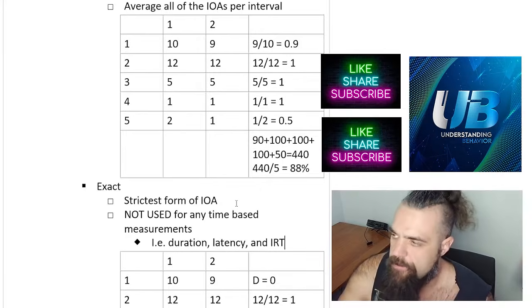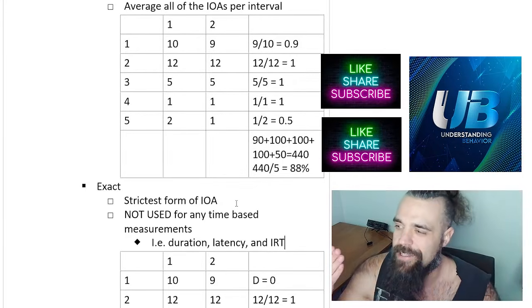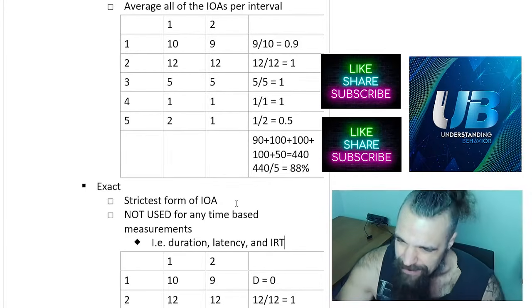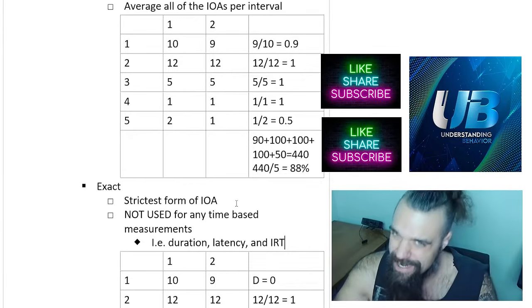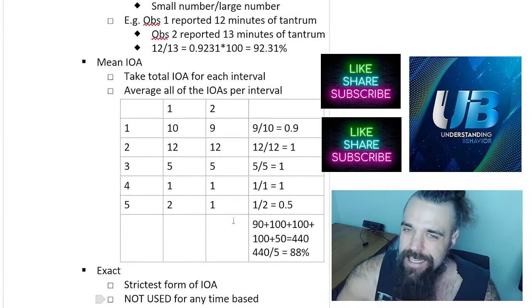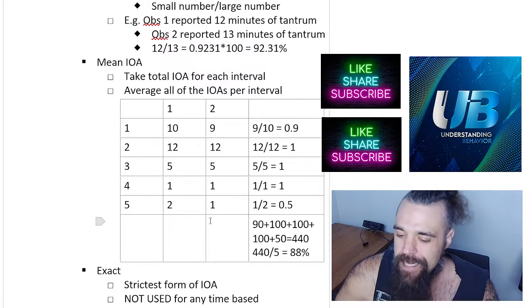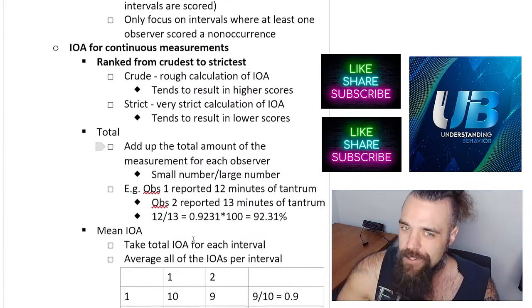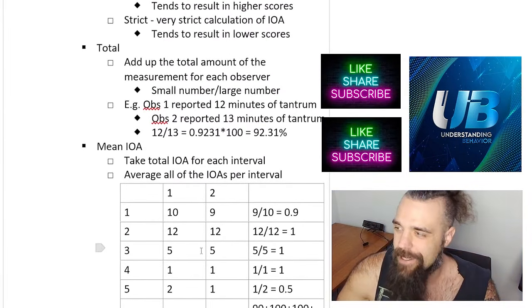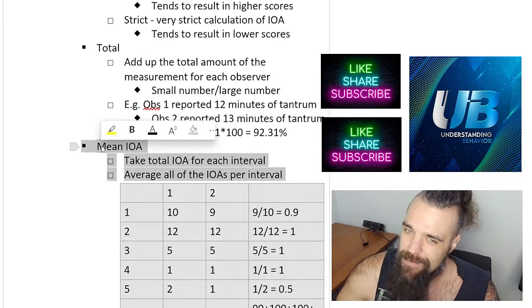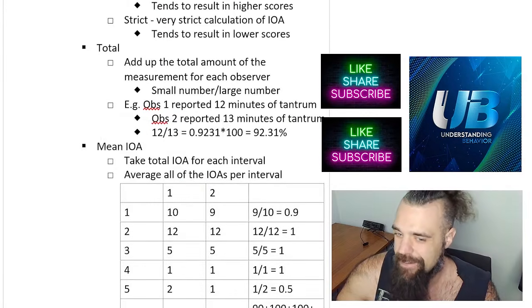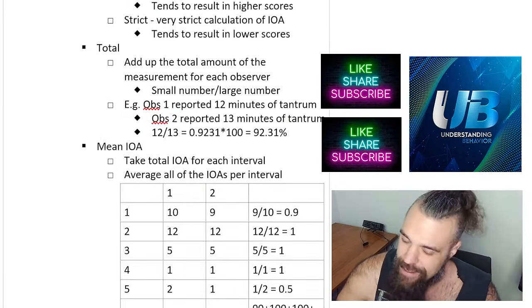The reason for this is that it's just really unlikely to get these things to match up really well, so we just don't use it. So if you're asked, and I've seen this question before, if you're taking duration data, what's the strictest form of IOA that you can use? Your answer there is actually your mean IOA, not your exact. So watch out, they might try to trick you like that.